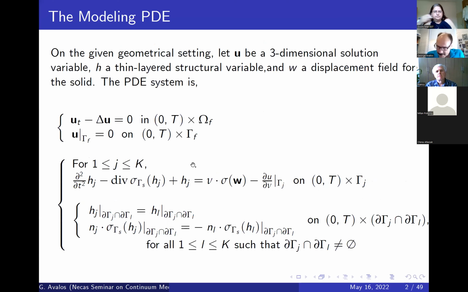on each polygonal face of the polyhedral boundary, h sub j satisfies this 2D, or skinny, system of elasticity. There are some matching continuity conditions in place. So for the purposes of this talk, if you don't want to play with indices this morning or this afternoon, and I can hardly blame you, you can think of h sub j as just one h formally across one contiguous interface gamma sub s.